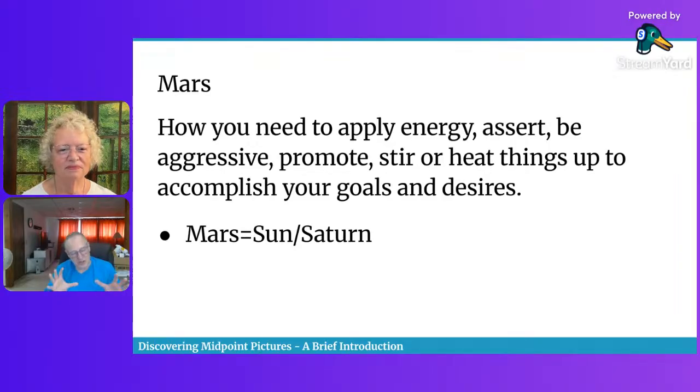Saturn is there to help you structure and help you understand the rules so that in this case, your sun can be all that it wants to be. And so this structured, constructive energy is being sent to Mars, and Mars can use that to help you accomplish your goals. Now, if you had Mars and Saturn on the other side, so let's say you had Sun equals Mars Saturn, what does that feel like?